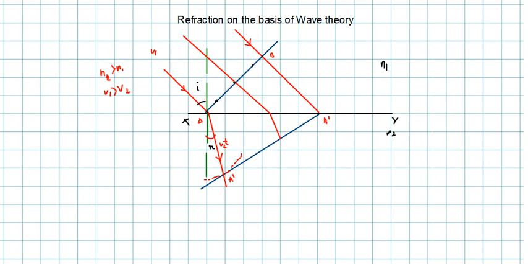By the time the point B on the wavefront AB strikes at A prime, the ripples originated from A will grow to a greater radius, and if we now draw a tangent, we will get the refracted wavefront A prime B prime.